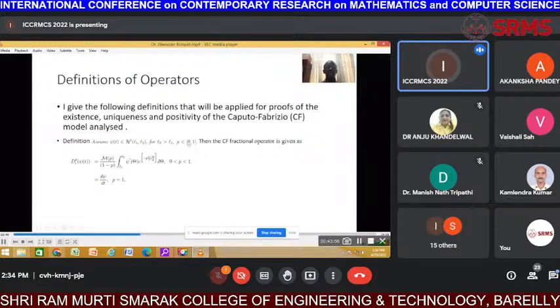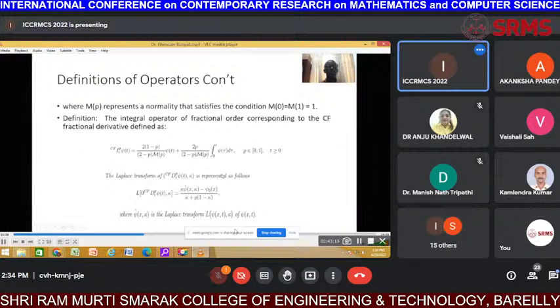I'm showing the definition, assuming that here the order is between the limits given. The CF operator is given by this definition. Then we say again that M of B, using the normality condition, is such that M of 0 is equal to M of 1 is equal to 1.